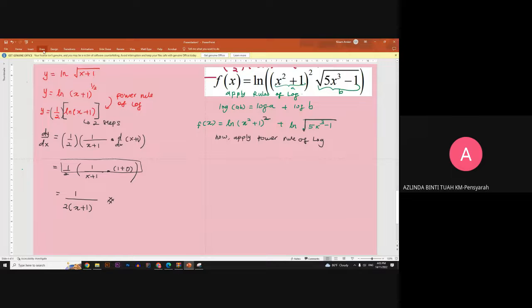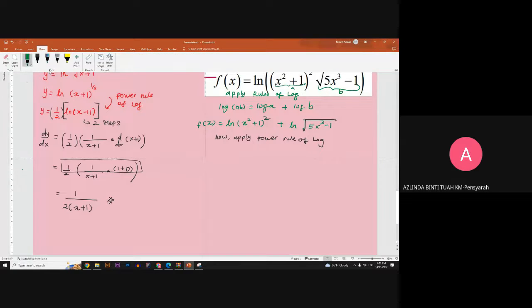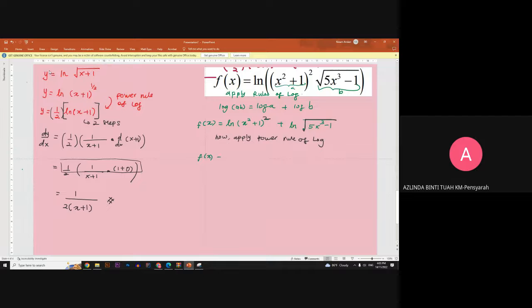The power 2 and the power 1/2, I can bring to the front. It becomes 2 ln x squared plus 1 plus the power of 1/2, which is 1/2 ln bracket 5x cubed minus 1. Okay, any more? Cannot anymore, because with addition inside this bracket or subtraction inside this bracket, there are no rules of log we can apply. So now we can differentiate.